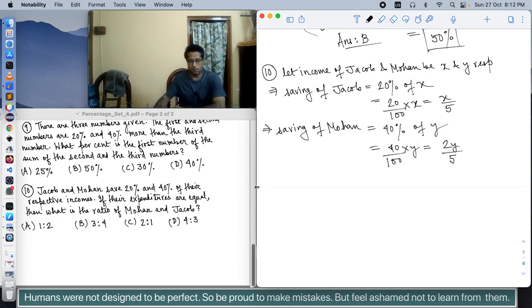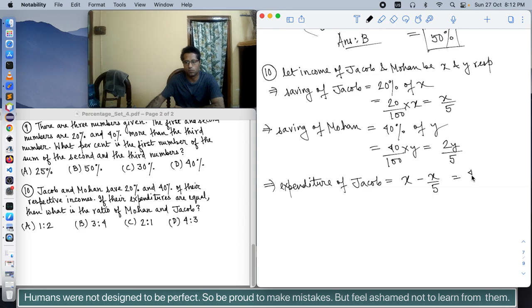Now, so this implies the expenditure of Jacob will be his income, that is X, minus saving, that is X by 5. This is equal to 4X by 5.